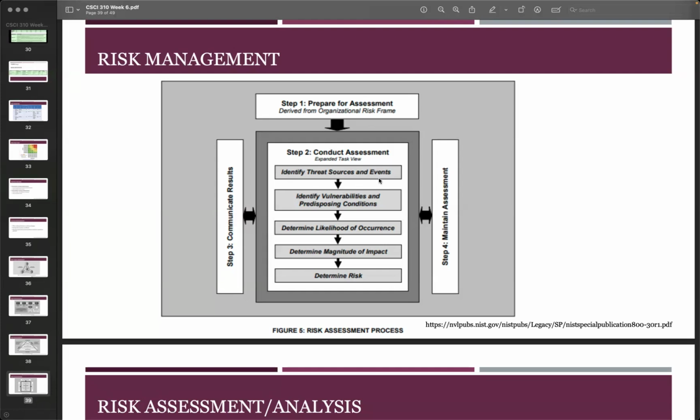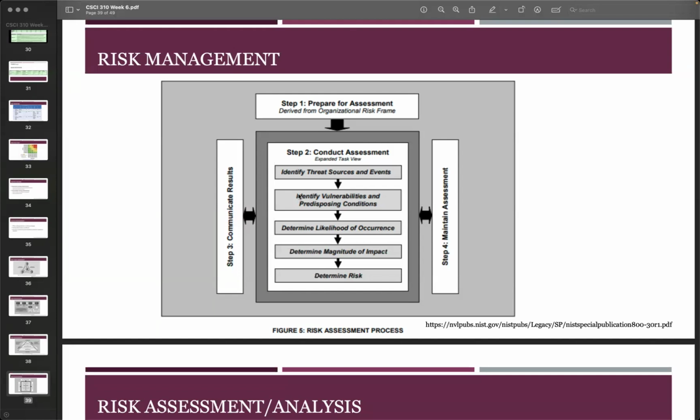And then identify vulnerabilities and determine the likelihood. So we talk about likelihood, and then the risk is the likelihood plus the impact. Then determine the magnitude of the impact and determine the risk. At the same time, step three, we need to communicate the results, and step four, we need to maintain the assessment. So here's the procedure.